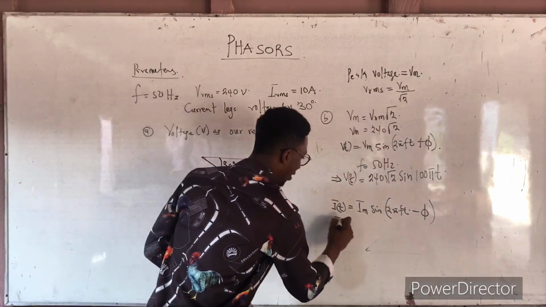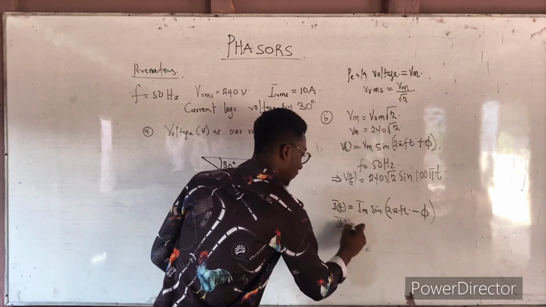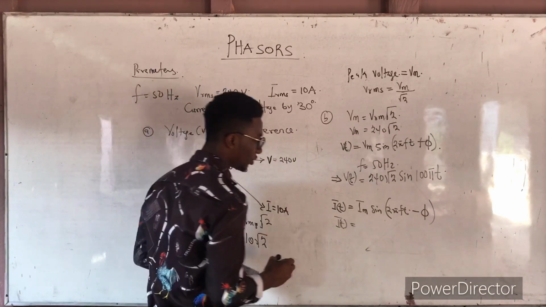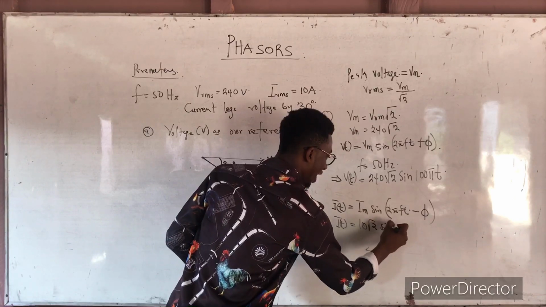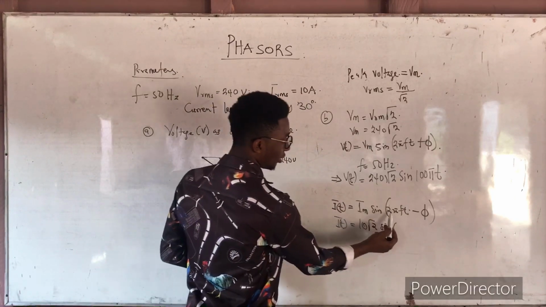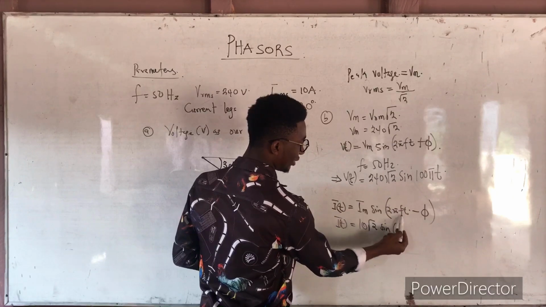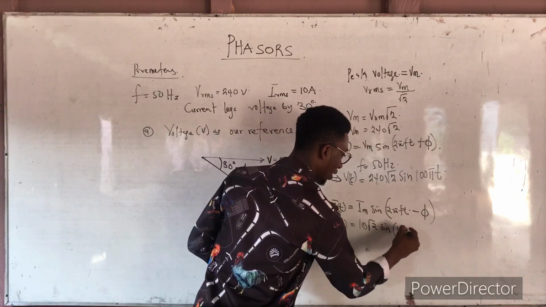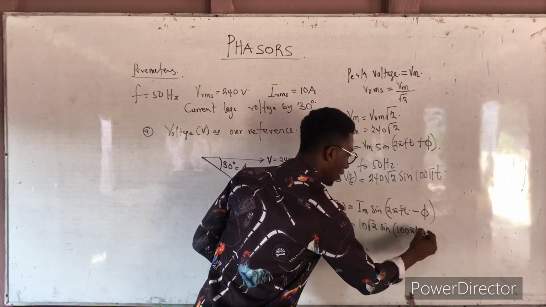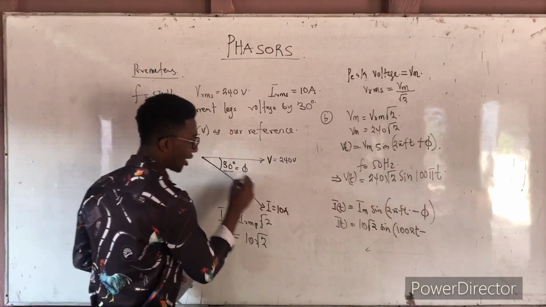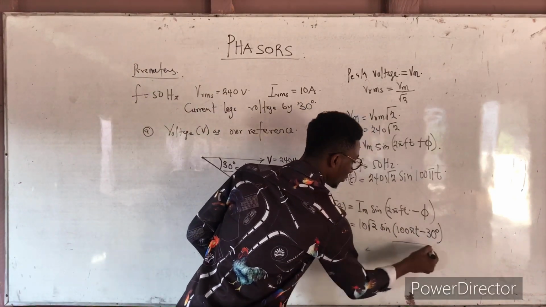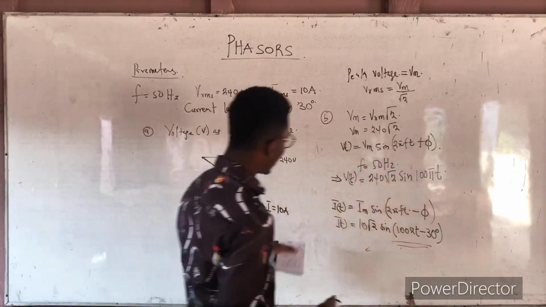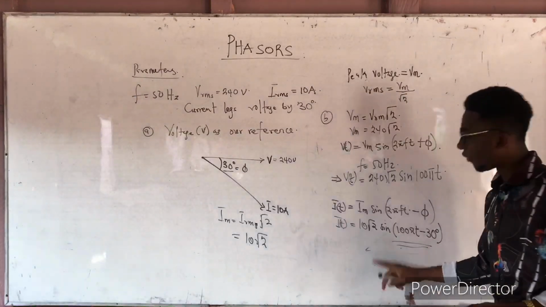So therefore the current as a function of time becomes 10 root of 2 sine, in brackets, frequency is already 50 Hz, so you multiply and get 100 pi t minus the phase angle, which is 30 degrees. And this becomes the current as a function of time.